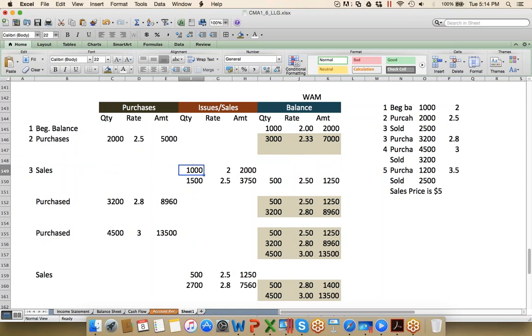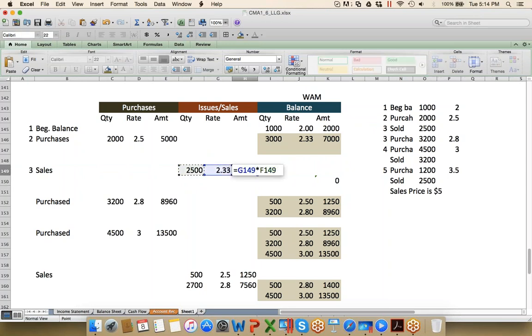Third we sold. How many units? 2,500. No step down method like this. Don't use all this. Just take total quantity. Deduct quantity from the total quantity and use the same rate 2.33, that is 2.33 times 2,500, 5,825.